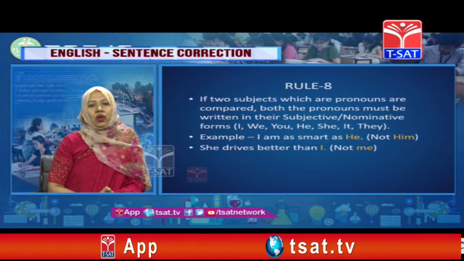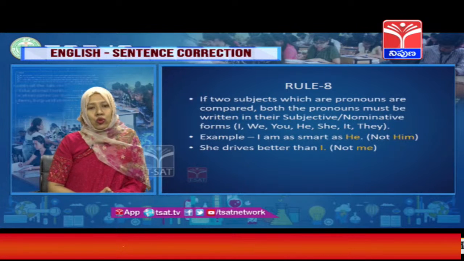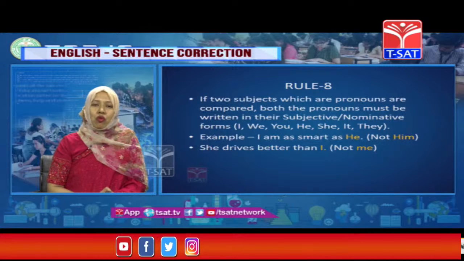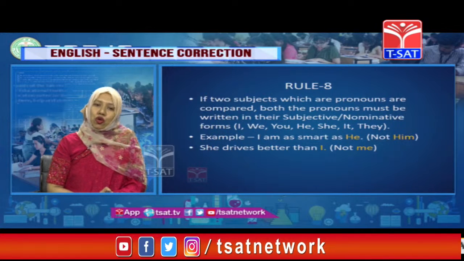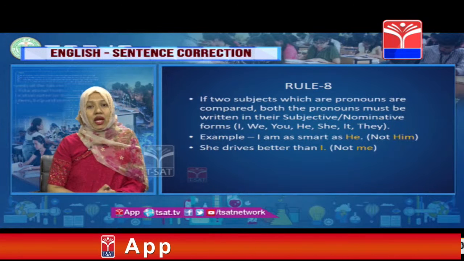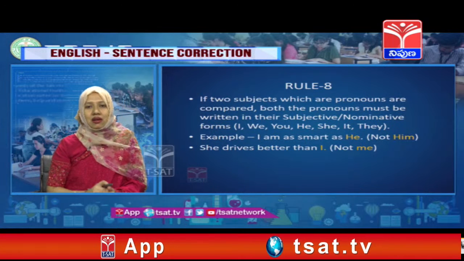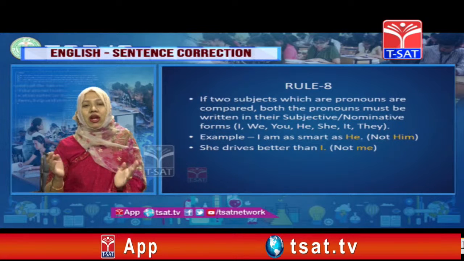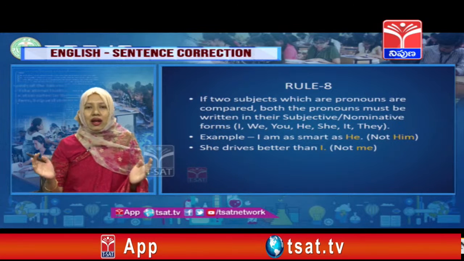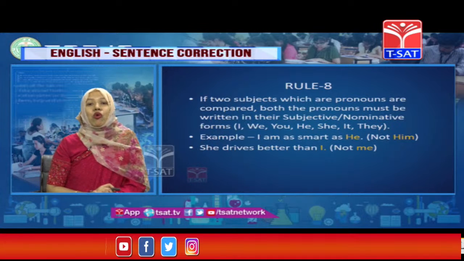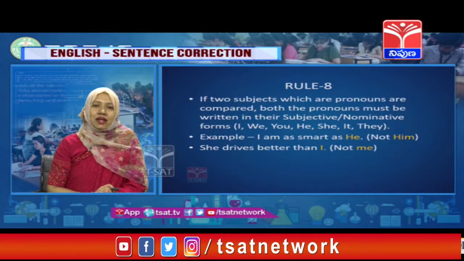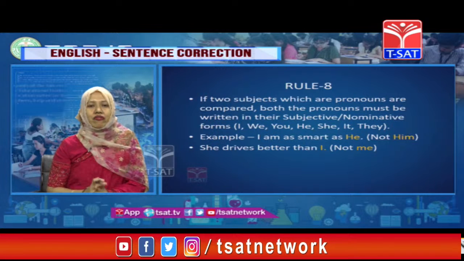Next rule, rule 8. If two subjects which are pronouns are compared, both the pronouns must be written in their subjective or nominative forms. If two subjects, for example where in the subject's place we are using pronouns, are compared, both the pronouns must be written in the nominative or subjective form.